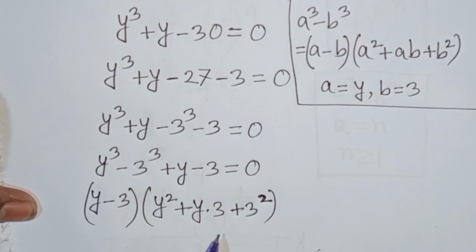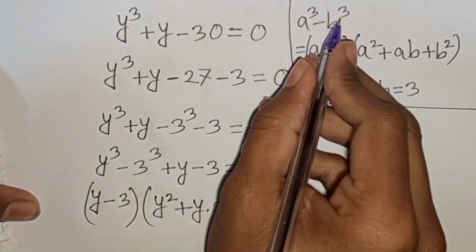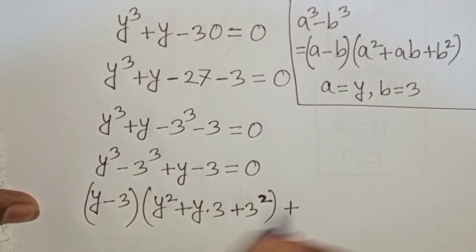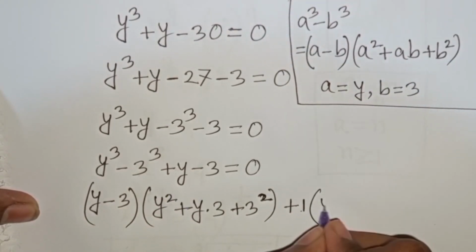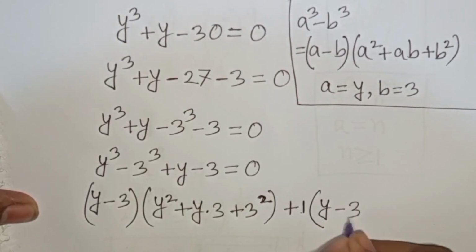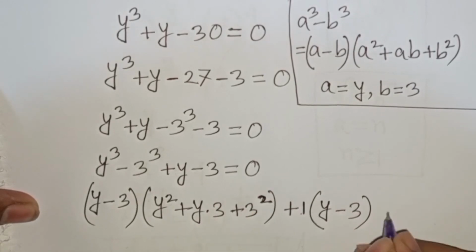That means this is the formula of a cube minus b cube. Then plus, here we take common, plus 1 is common, so plus 1 is out of the bracket, so this divided by this, that means it will be y minus 3 divided by plus 1, that means it will be minus 3, then bracket close is equal to 0.